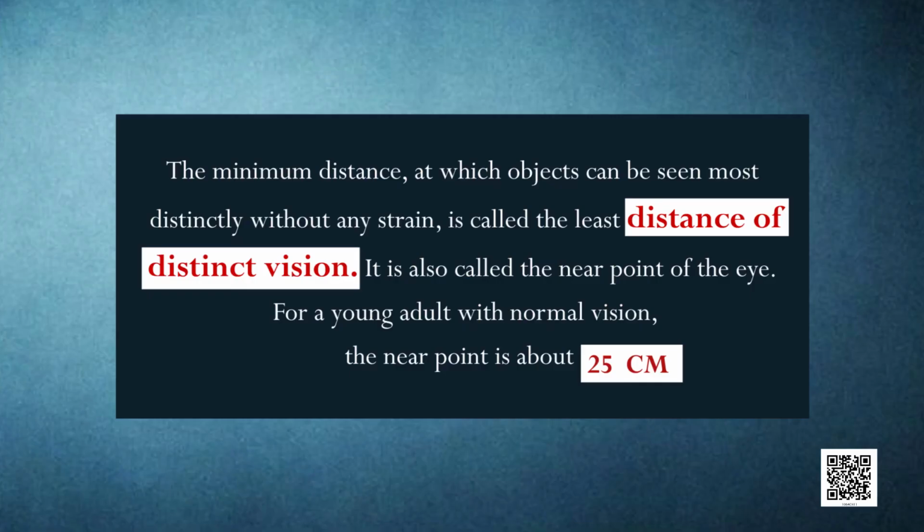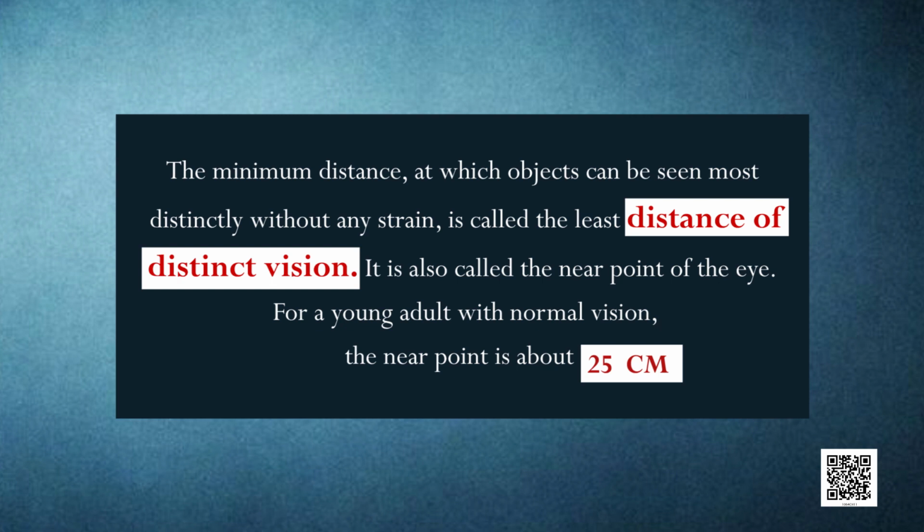To read comfortably and distinctly, you must hold the book or the reading material at about 25 centimeters from the eyes. The minimum distance at which objects can be seen most distinctly without any strain is called the least distance of distinct vision. It's also called the near point of the eye.